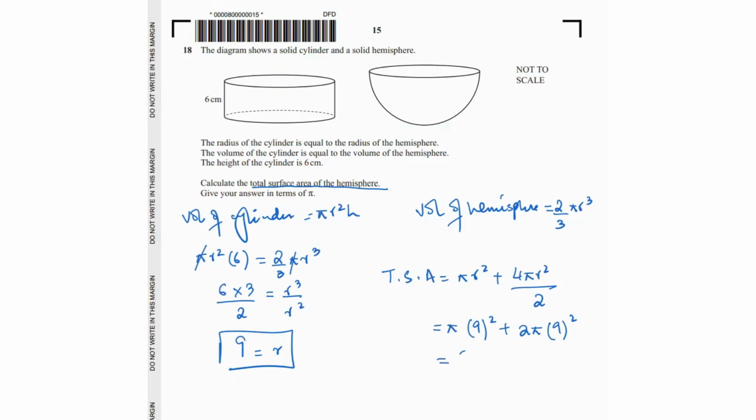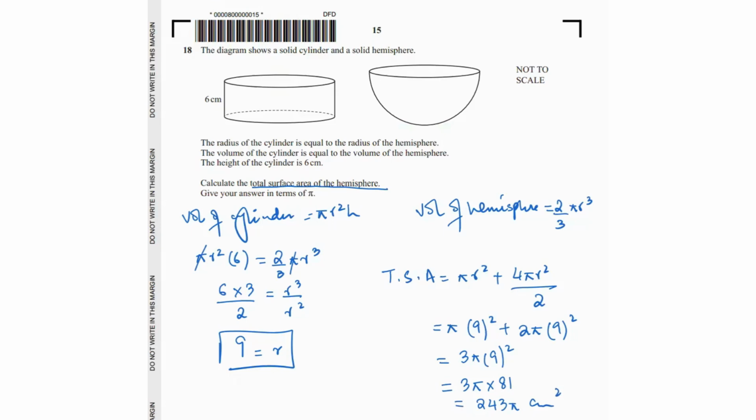So that's basically 3 pi times 9 square. So 9 square is 81. 81 times 3 is going to be 243. So 243 pi centimeter square is your answer.